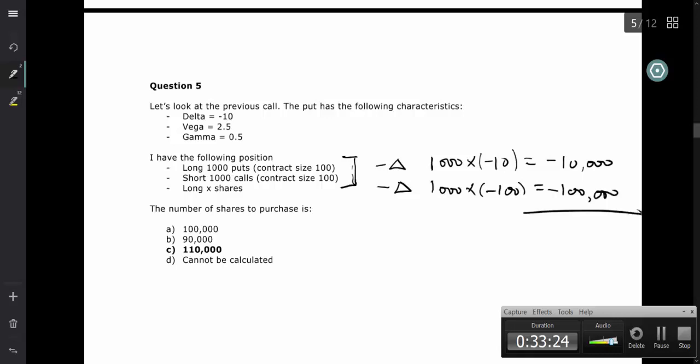So when you add up the two, you are actually short delta to the tune of 110,000. So in order to hedge that properly, you need to purchase 110,000 shares.